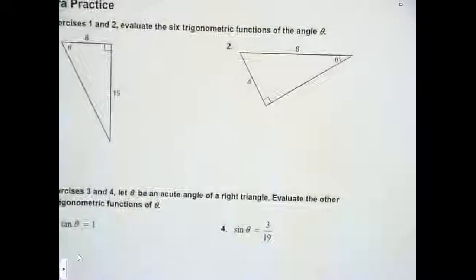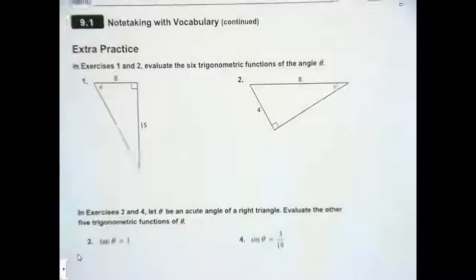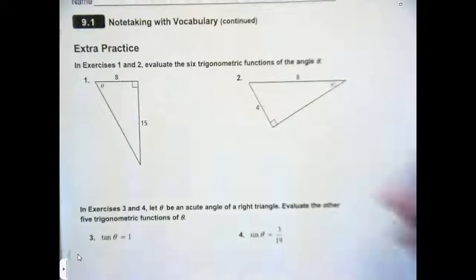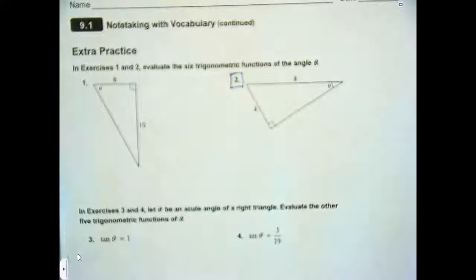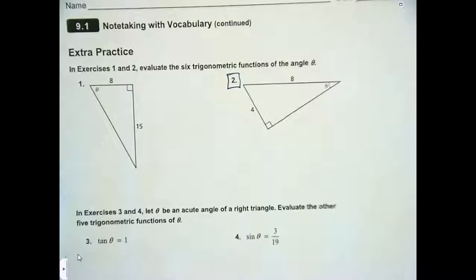Okay. I want you to take a look at page 246. Number 2 is where we're going to start. I want you to evaluate the 6 trig functions for the angle theta. In other words, write the ratios for those 6 trig functions, all 6 of them, on number 2.